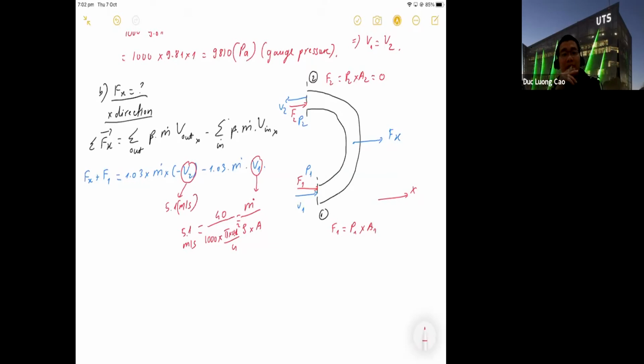Okay, velocity equal to mass flow rate divided by density times cross-section area. Mass flow rate here you have is 40 kilogram per second.